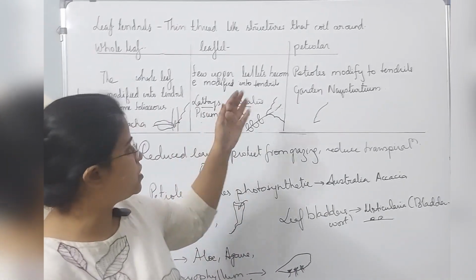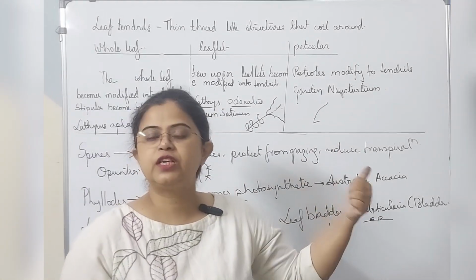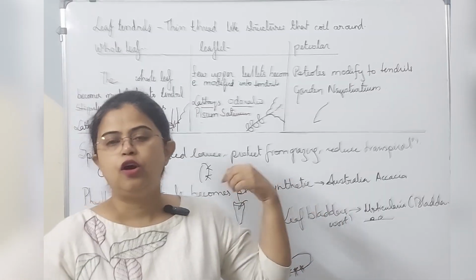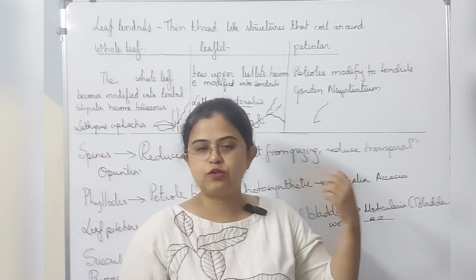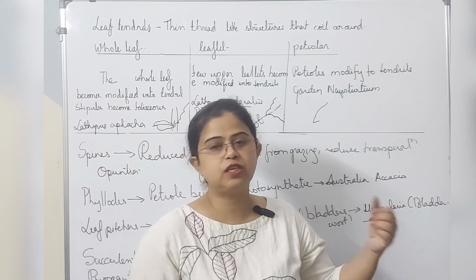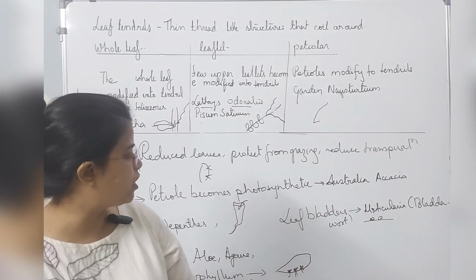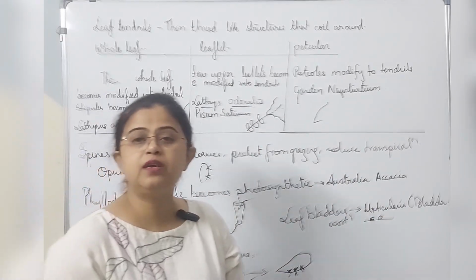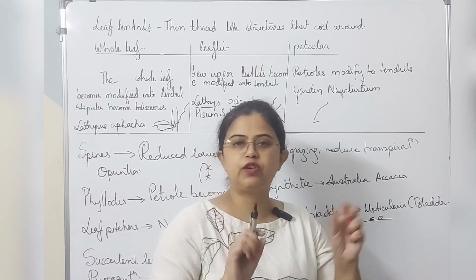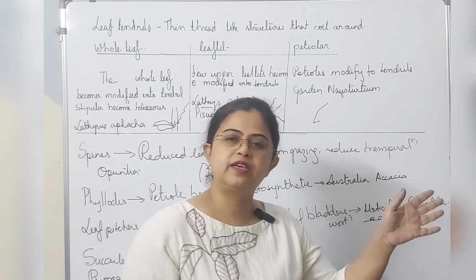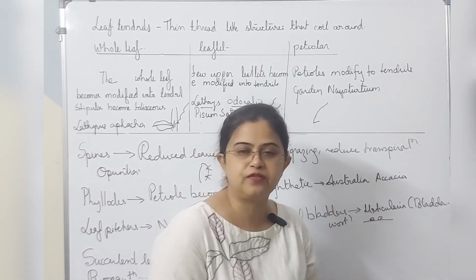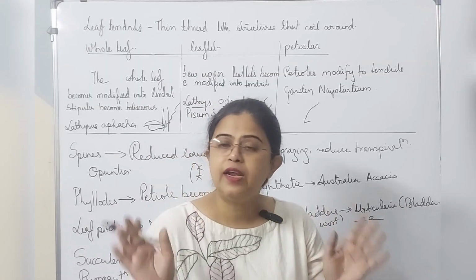These are the modifications where they show modification either in the form of tendril or they become succulent. They do the function of propagation, or the petiole becomes photosynthetic जैसे Australian acacia में है. And then venation भी, in dicot it is reticulate. Reticulate means what? Network like. Reticulate venation, and in monocot it is parallel venation. So that was a quick wrap up of leaf.